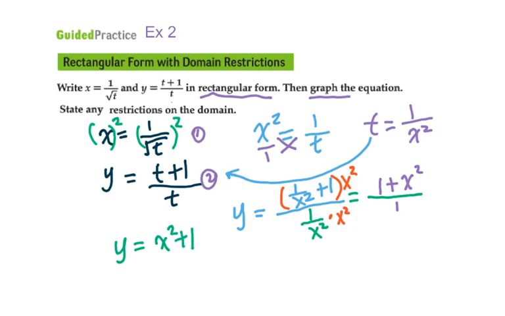Since we're looking for restriction on domain, we need to get the range for this equation. We know the range for 1 over square root of t is x greater than 0. So we write down x greater than 0. That will be the domain of this function.